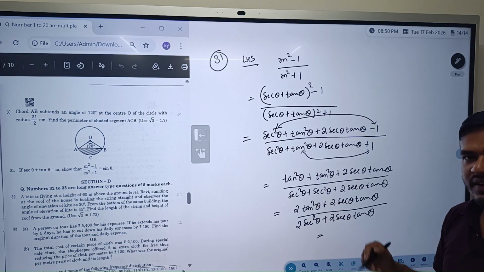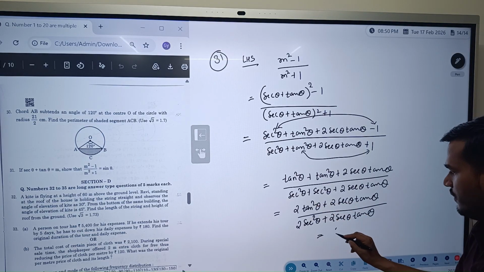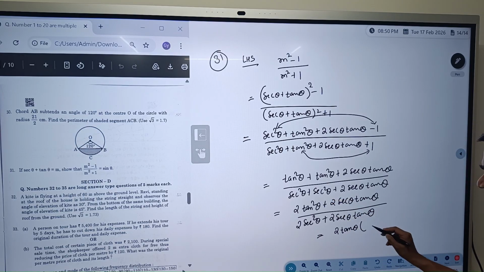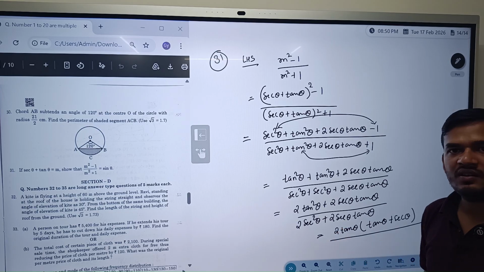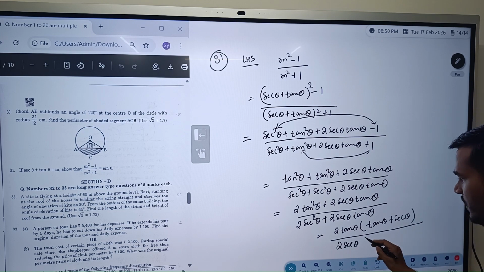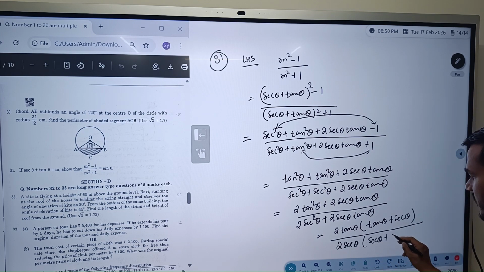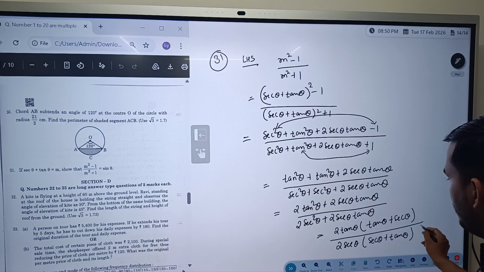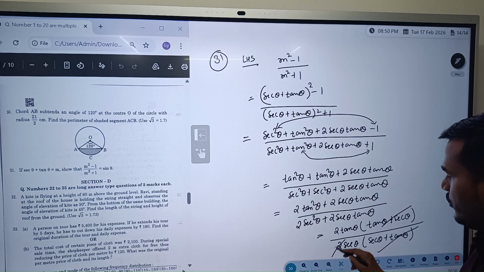So take 2 tan theta common here. 2 tan theta, so this will be left with tan theta plus sec theta. In denominator, you can take 2 sec theta common, sec theta plus tan theta. Now look, tan theta plus sec theta in the numerator and in the denominator cancelled. 2 cancelled.